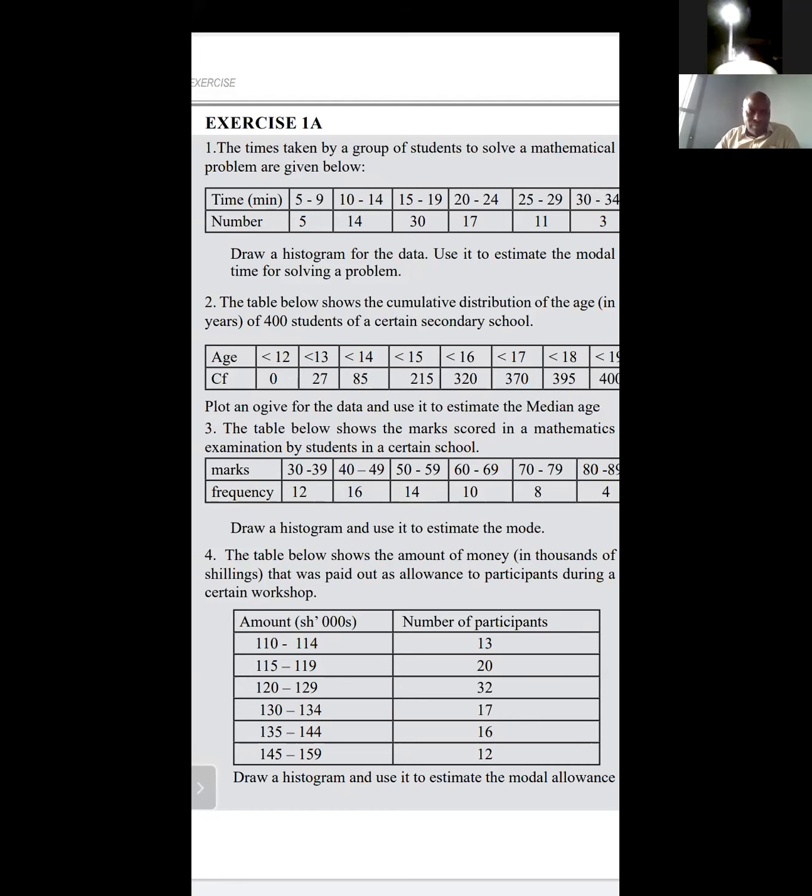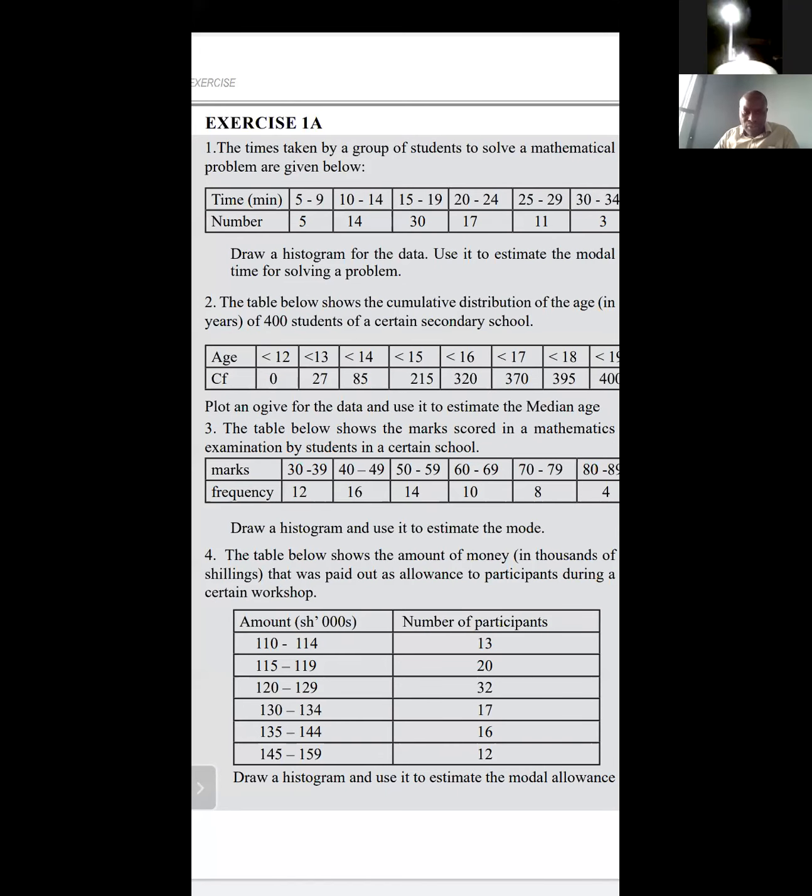number two. Number two says the table below shows the cumulative distribution of the age in years of 400 students of a certain secondary school. You are given an age under 12, under 13, under 14, up to under 19. Then they give you the cumulative frequency.